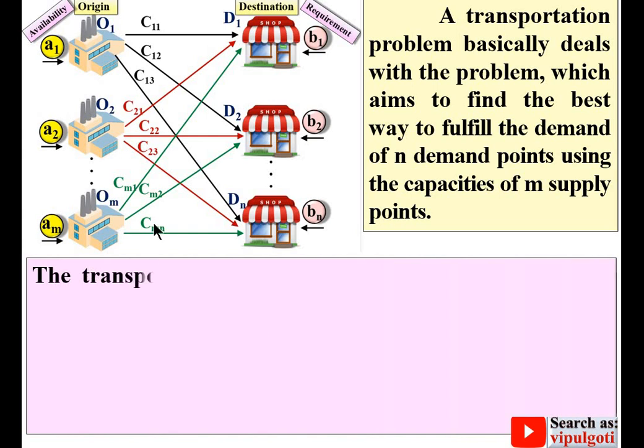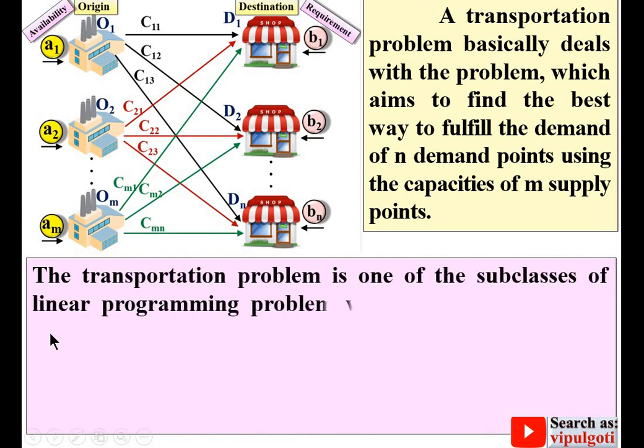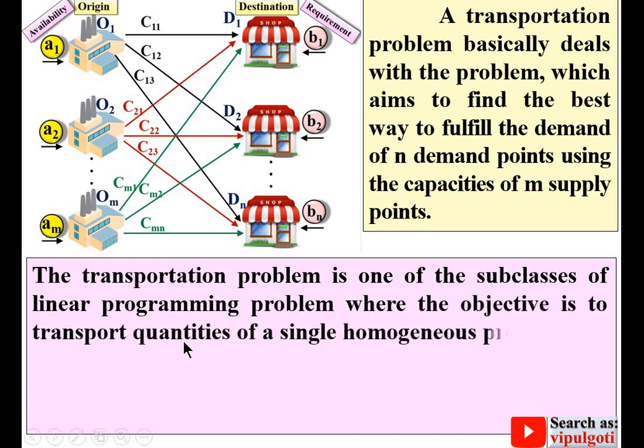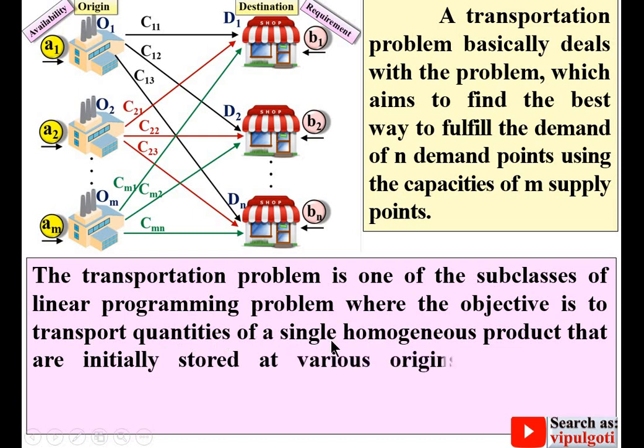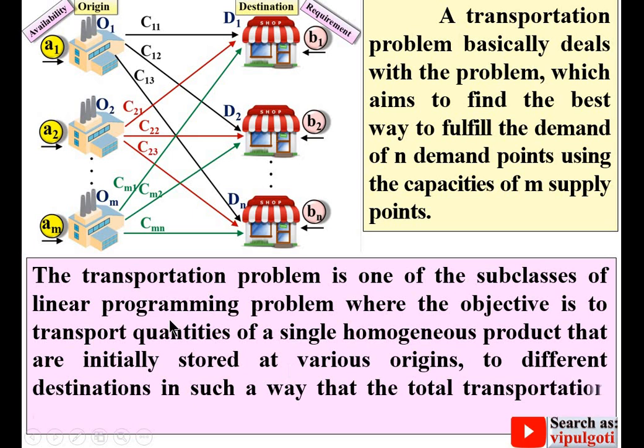In another word we can say the transportation problem is one of the subclasses of the linear programming problem where the objective is to transport quantities of a single homogeneous product that are initially stored at various origins to different destinations in such a way that the total transportation cost is minimum. So here you can see it is a subclass of linear programming problem.